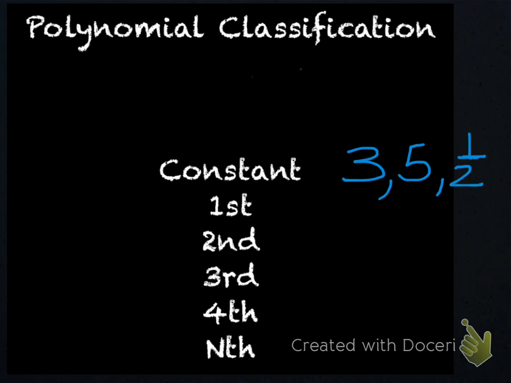First degree. If you have a variable x and it does not show any exponent, its exponent is implied to be a 1. An example of a first degree polynomial would be x. Or if that's too easy, you could say 3x.